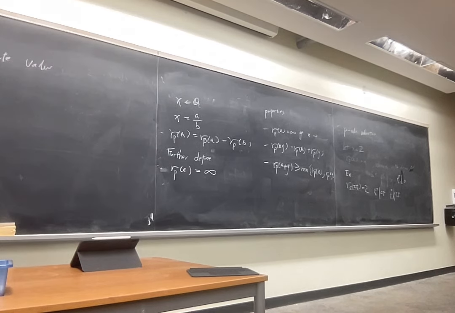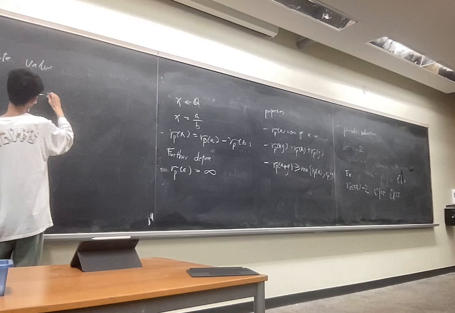We write the p-adic absolute value of x as |x|_p. By definition, it is p to the negative valuation of p at x. You can actually verify this is indeed an absolute value that satisfies the properties by using the convention that p to the negative infinity is 0.